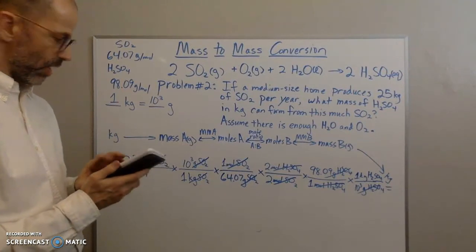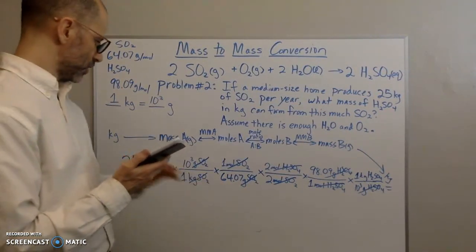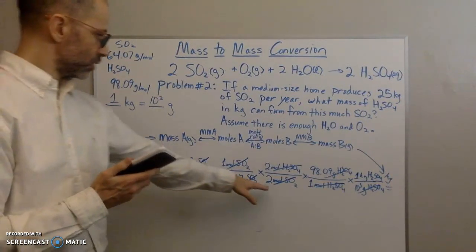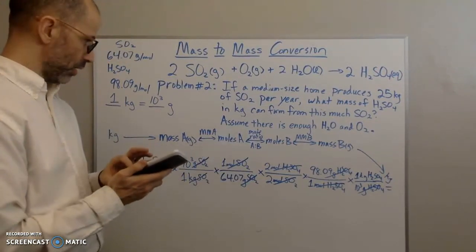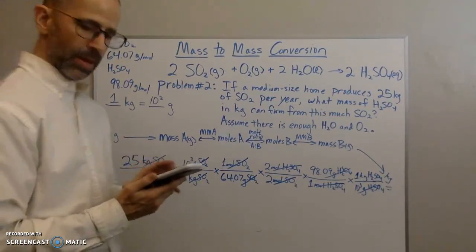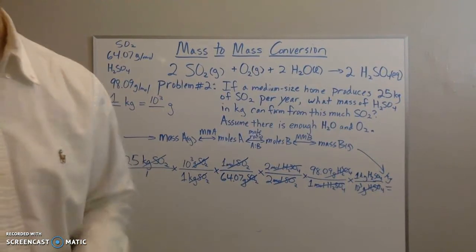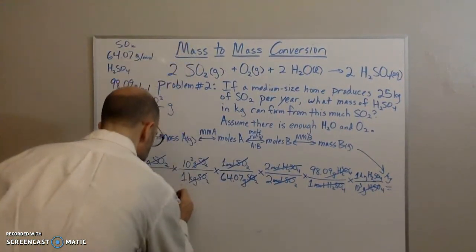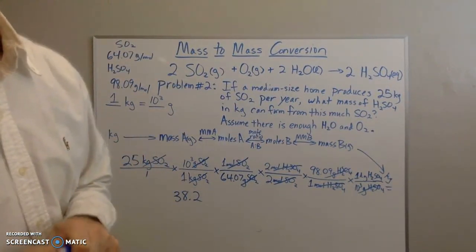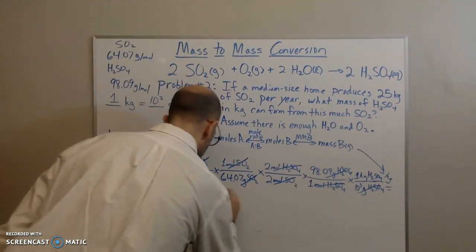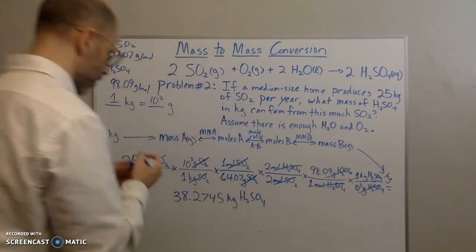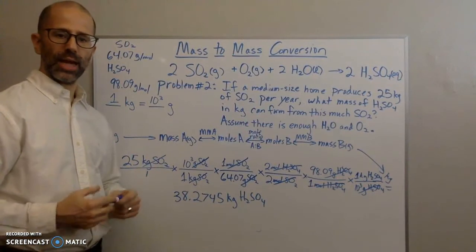Okay, so divided by, skip the 1, 64.07, divided by 2, and then divided by 1,000, 10 to the 3 equals. And I get, for an answer, 38.2745 kilograms of H2SO4. So that is the answer that the calculator gave me.